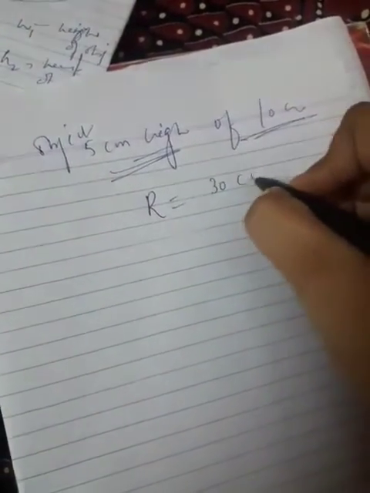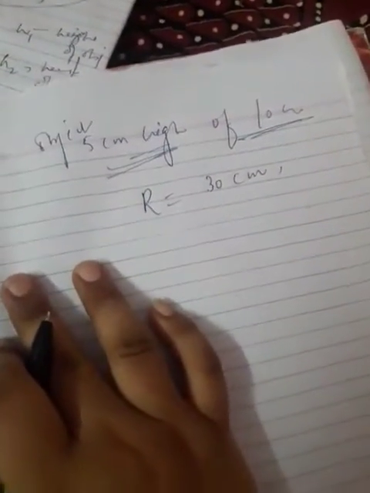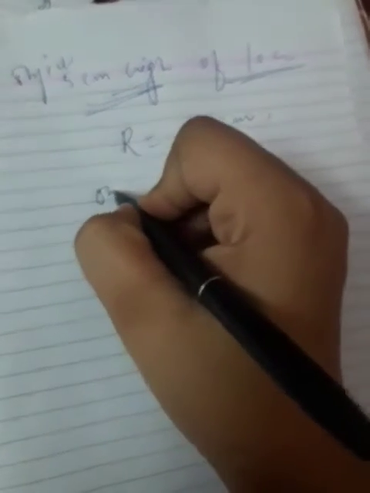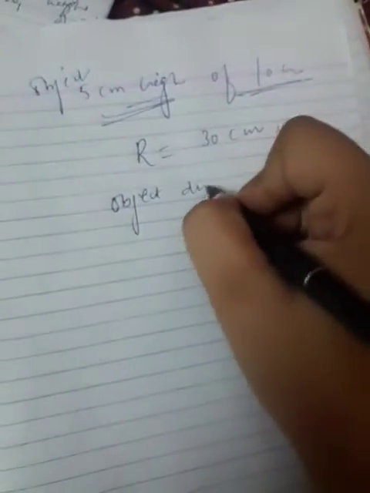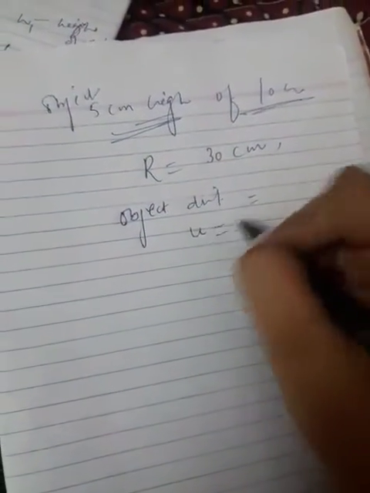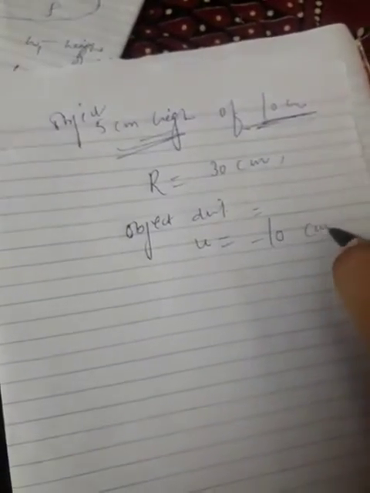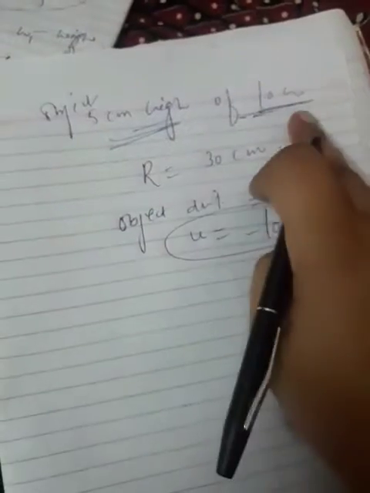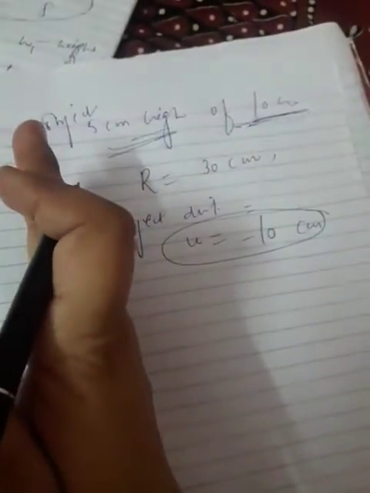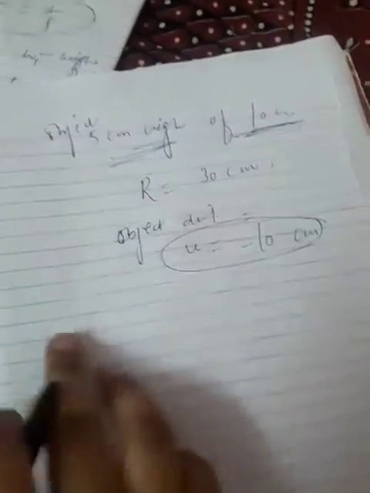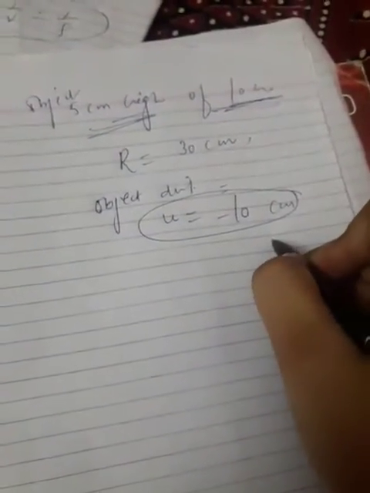Find the nature, position and size of the image. Object distance means u, that is always negative. 10 is given, so we will write minus 10, because the object is always kept on the left side. U is equal to minus 10 centimeter.